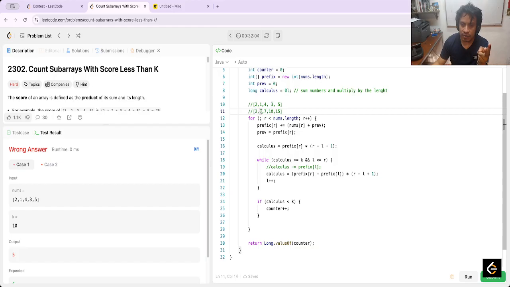I need to reduce this 2, only we have the 7. No, here is wrong. Here is wrong. I need to reduce this. I don't remember. Let me check.